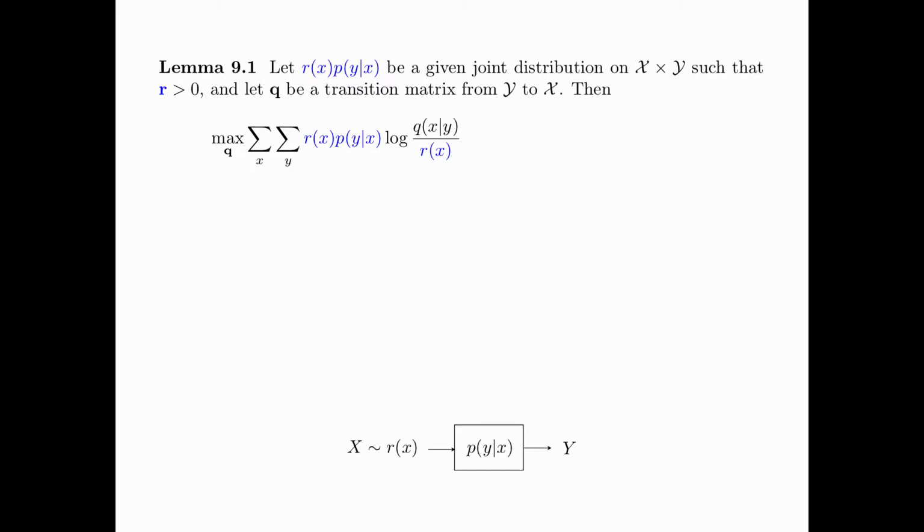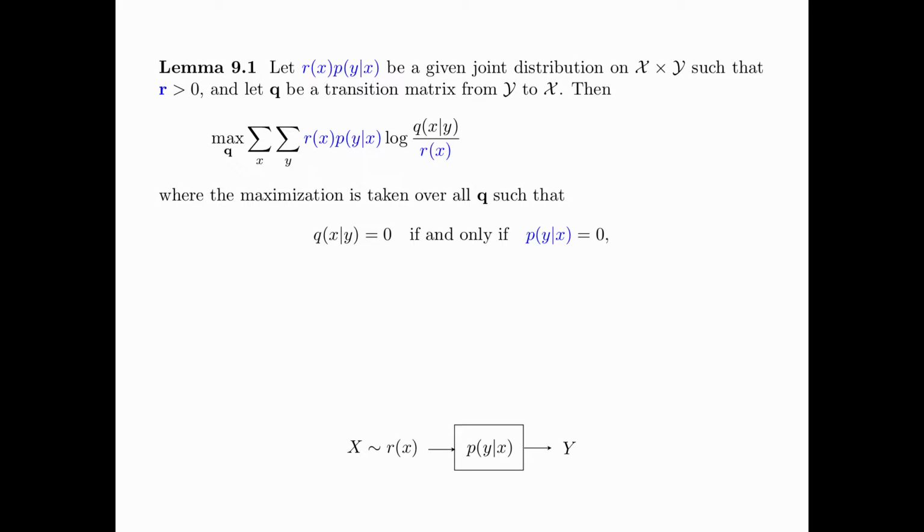Now consider this maximization of a double summation, summation x, summation y, R(x) P(y|x) times the log of Q(x|y) divided by R(x), where the maximization is taken over all Q such that Q(x|y) is equal to 0 if and only if P(y|x) is equal to 0. This double summation looks rather complicated, but note that all the quantities in blue are given.